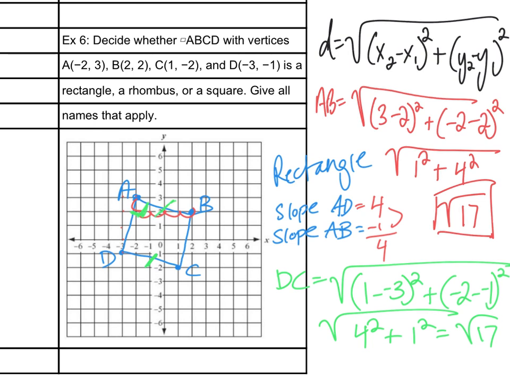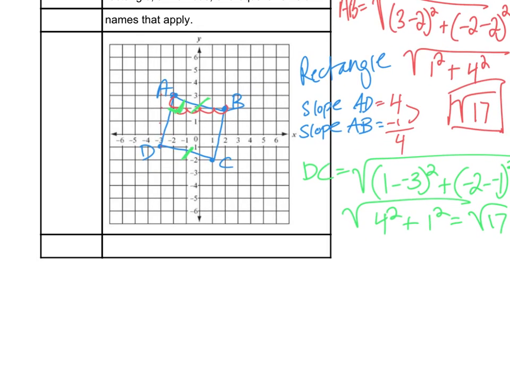Now I'm going to do the same for the sides AD and BC, because I've already proven that there's one 90-degree angle, so I know it's a rectangle. If I prove that all the sides are congruent, then it's a rhombus, but if it has a 90-degree angle and equal sides, then it has to be a square, which is what I'm thinking it is.